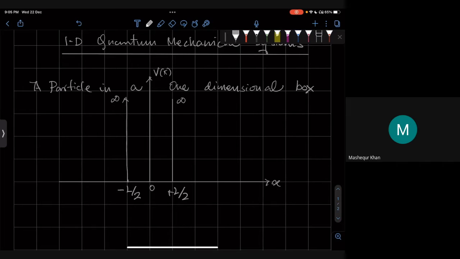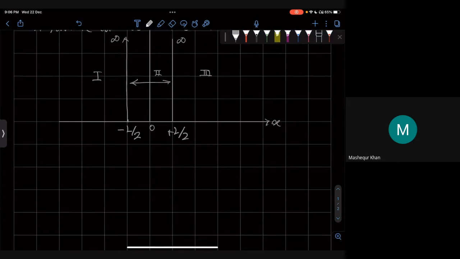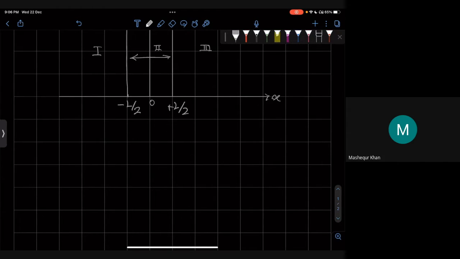All right, and we said that we can have, say, 3 regions, region 1, and then this is region 2, this whole region, and then region 3. And what we started with, the potential being a finite number, V0 was finite.